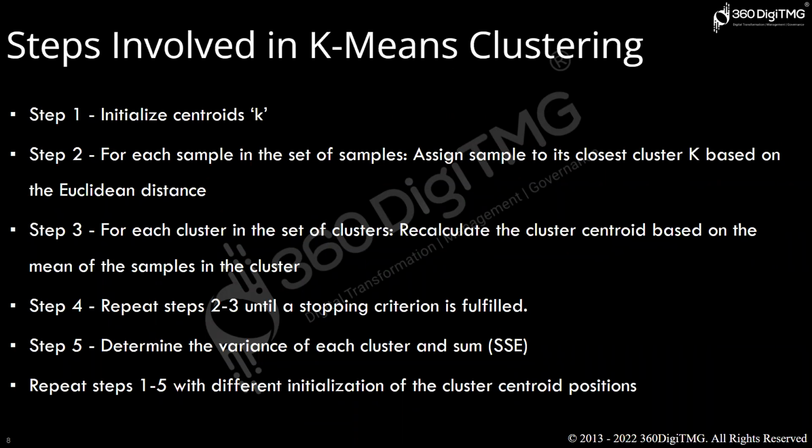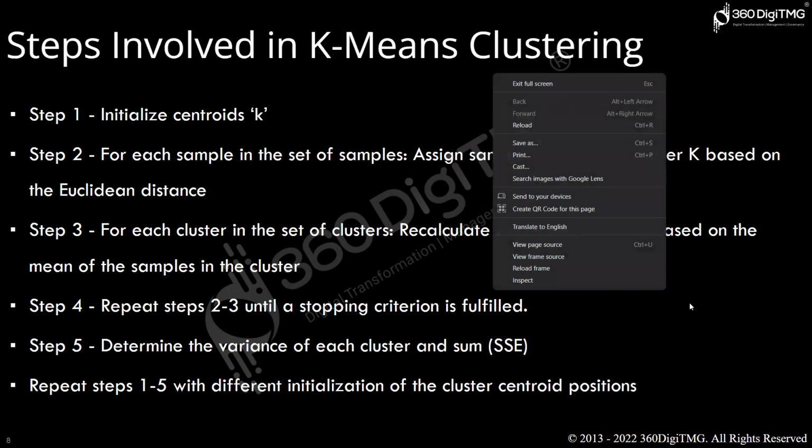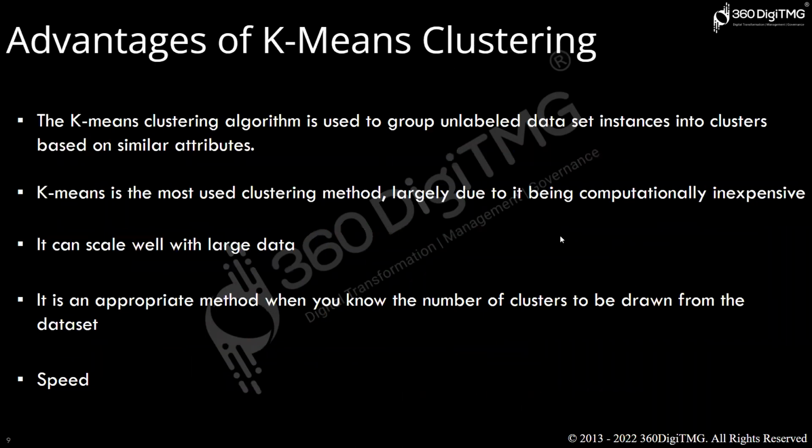The next step is to determine the variance of each cluster, which is nothing but SSE. We repeat the steps and initialize the cluster centroid positions. Moving on, guys, what is the advantage of K-means clustering?